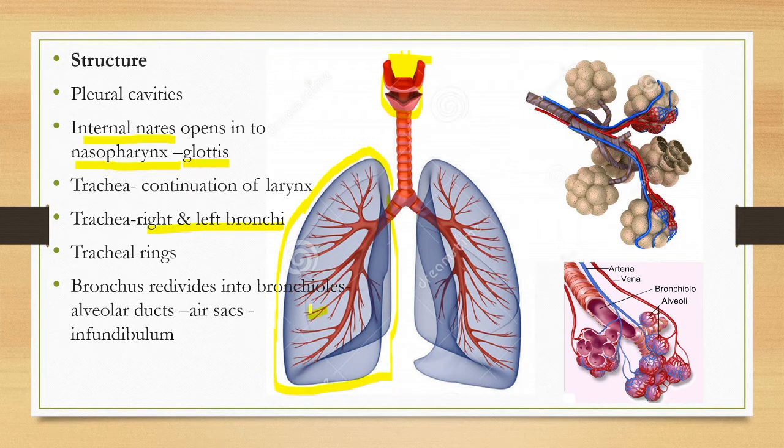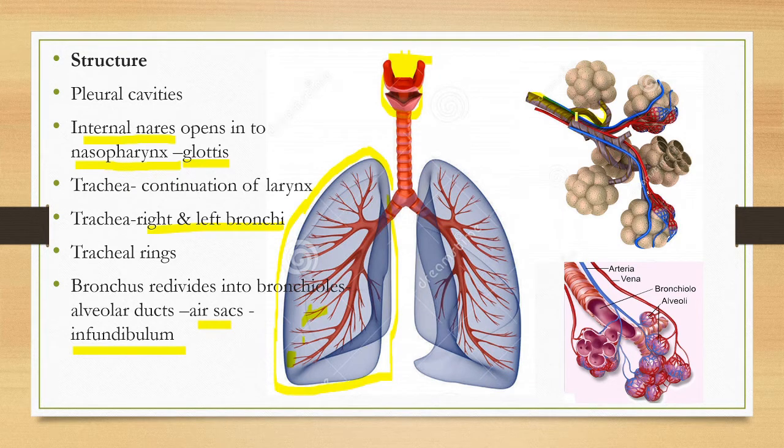The bronchioles end up in alveolar ducts, which end in minute sac-like structures called air sacs, and a bunch of air sacs is called infundibulum. So this is the bronchioles, and this is the alveolar duct, which ends in a group of alveoli, called infundibulum or air sacs.